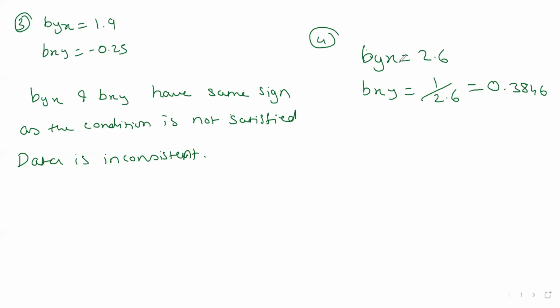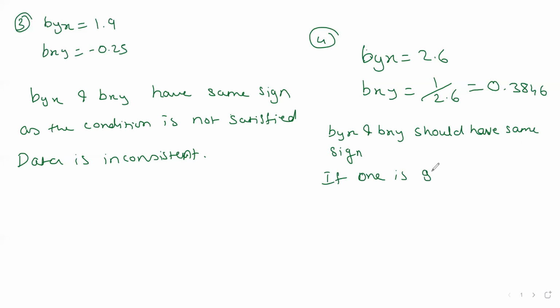This is the fourth case. See, the condition is that byx and bxy should have the same sign. They are having the same sign, they both are positive. If one is greater than 1, then the other should be less than 1.